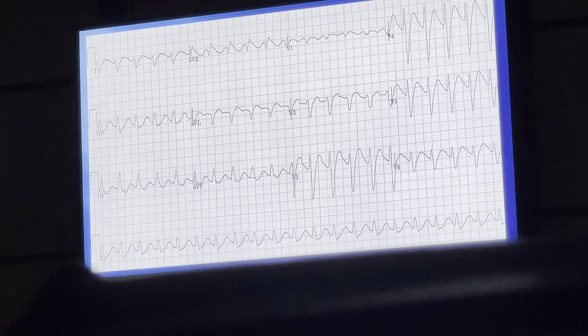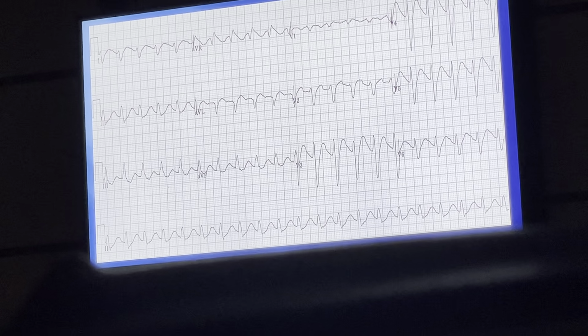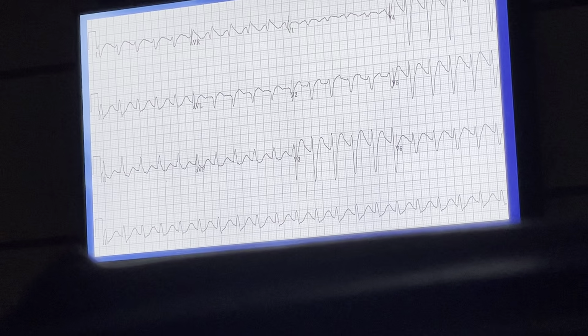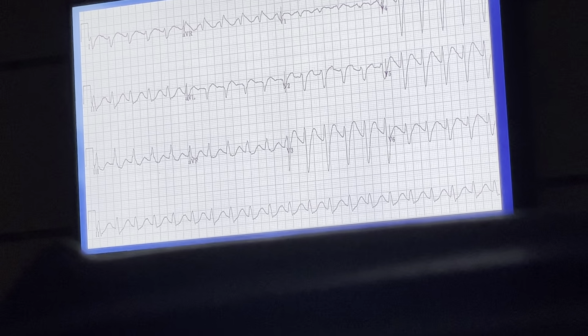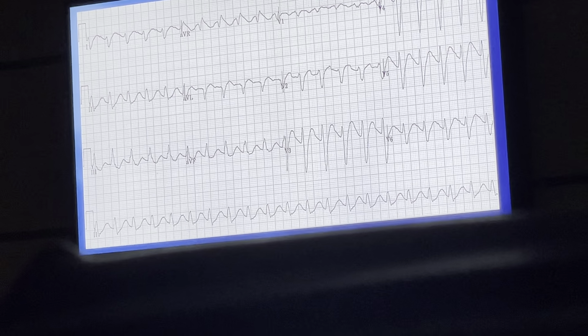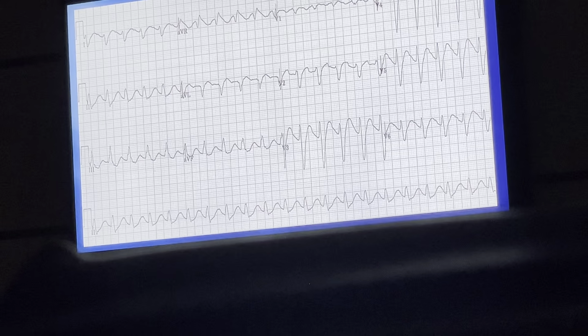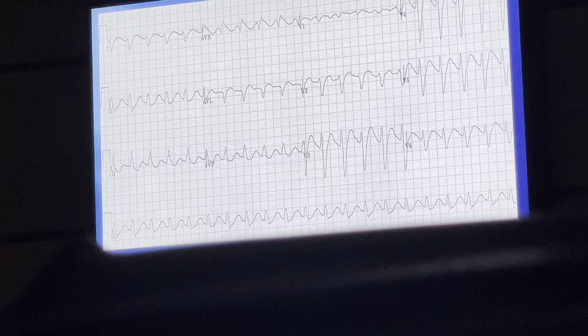So, what is here? QRS narrow, broad, and QRS are broad. So, which bundle block is there? Is it left or right?